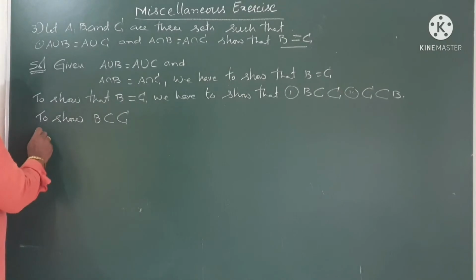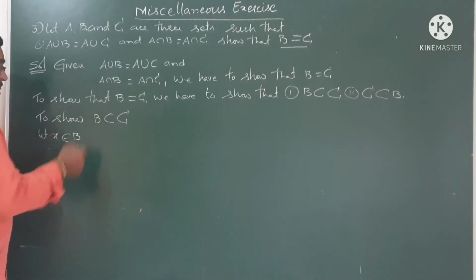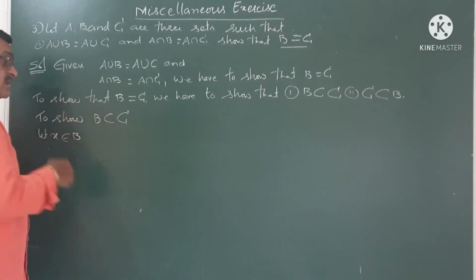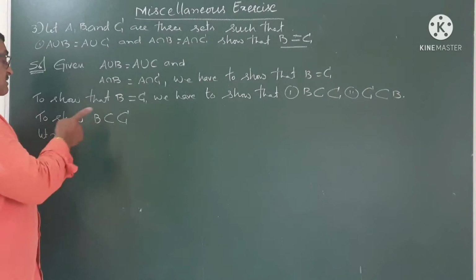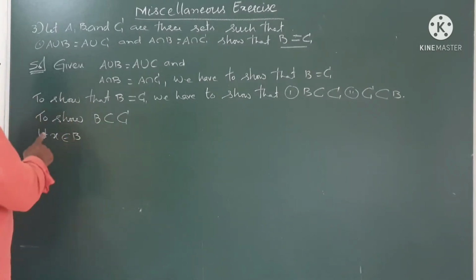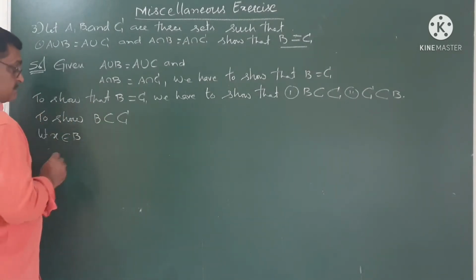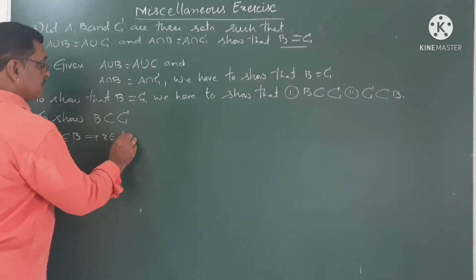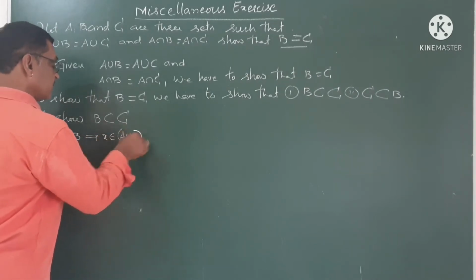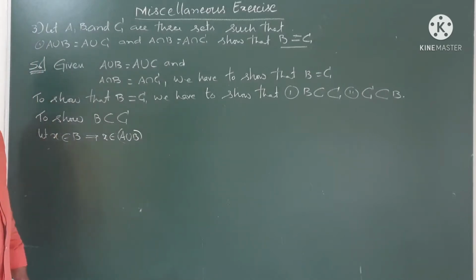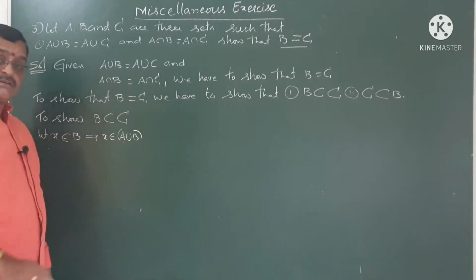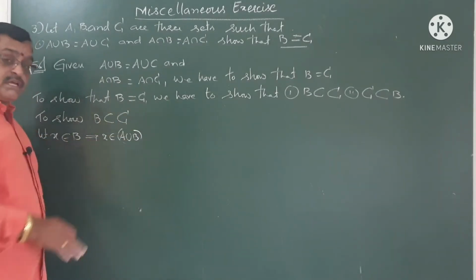So what I do? Let x belongs to B. If you can show that my x also belongs to C, then I can conclude that B is subset of C. Now x belongs to B. Can I write this as x belongs to A union B? Is it possible? When x belongs to B, A can be any set, but x belongs to their union.